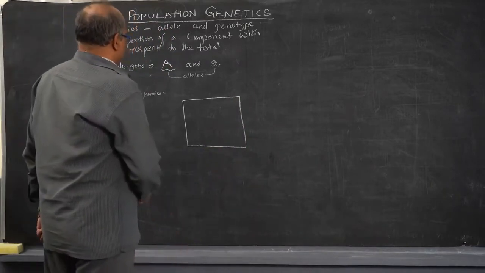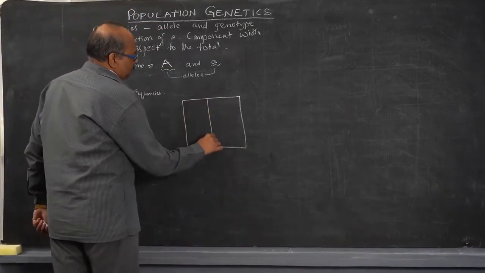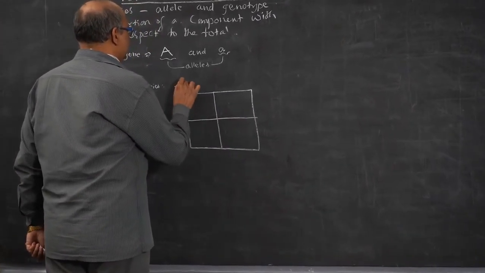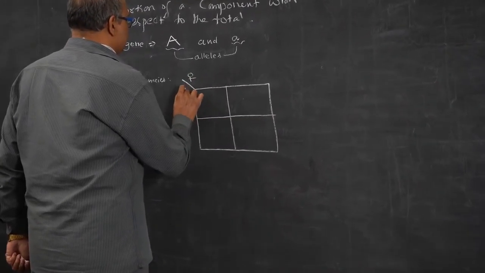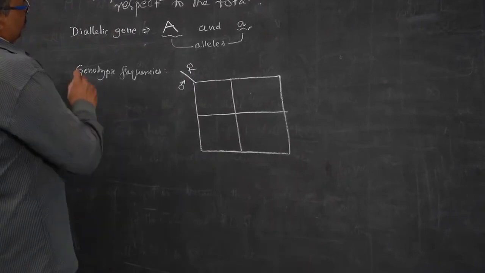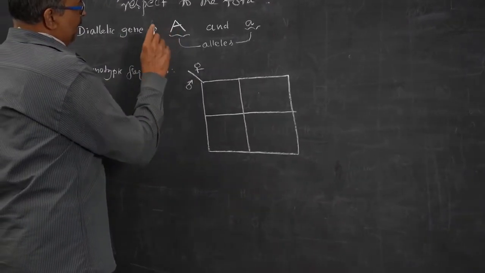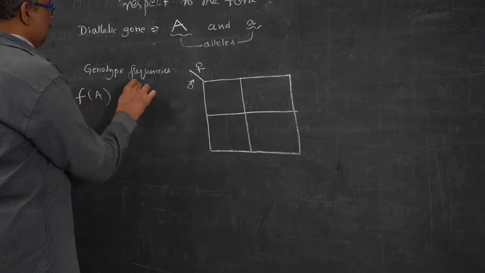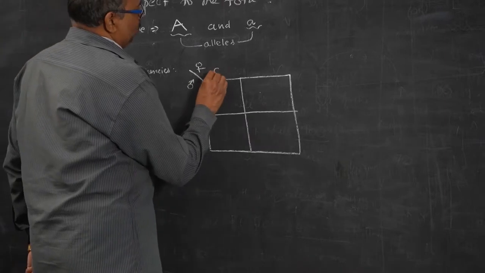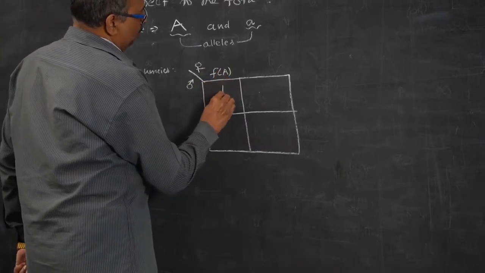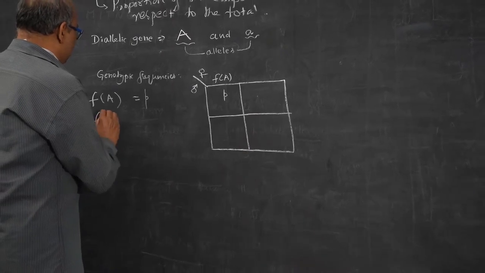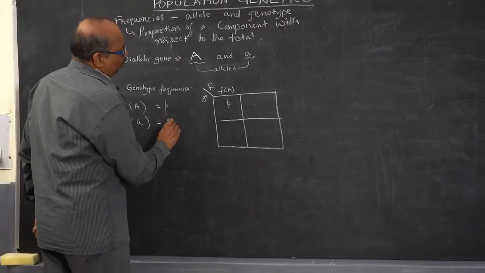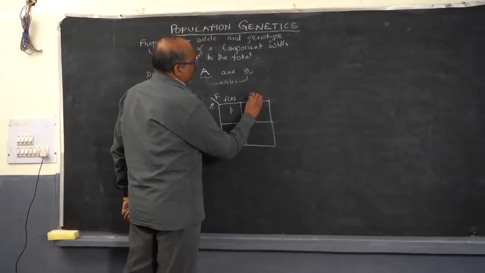On one side you take the gene frequency with respect to the female, on the other side you take the gene frequency with respect to the male. This is the dominant allele. So the frequency of the dominant allele, we take it as P. So the frequency of capital A equals P. The frequency of the recessive allele, we take it as Q.